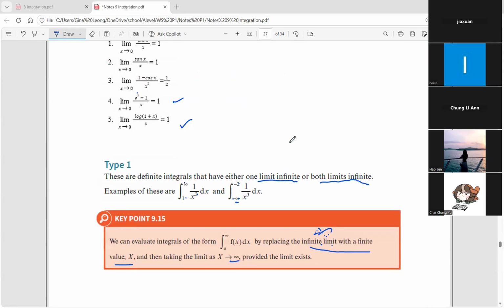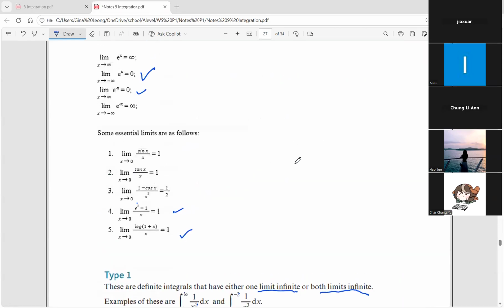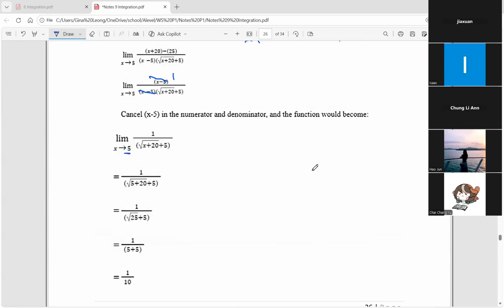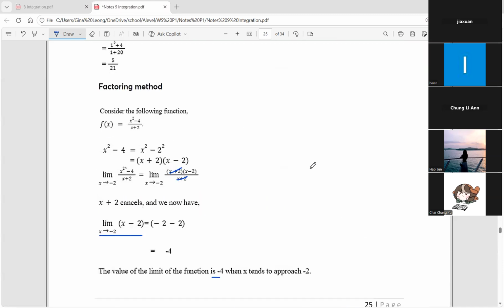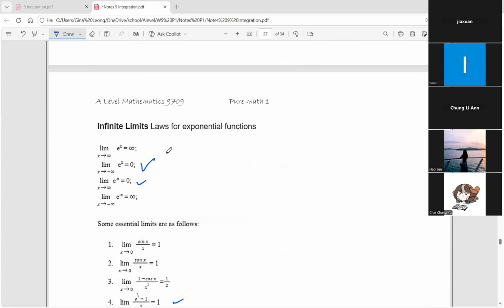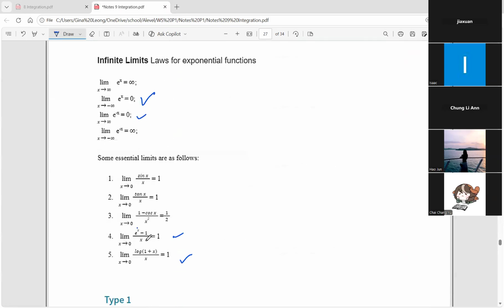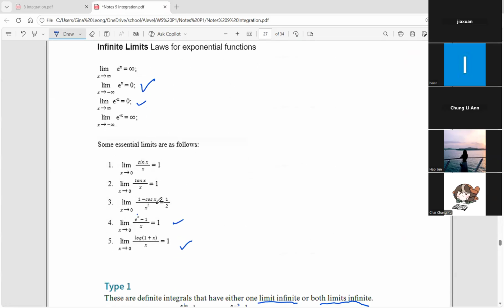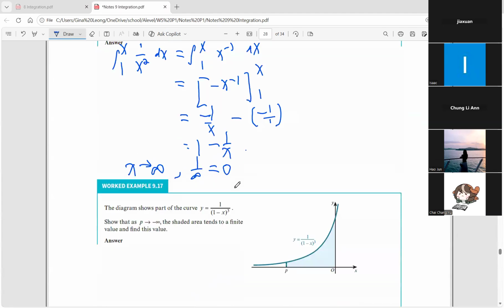Okay, so from where we know, this one never show. 1 over infinity is actually approaching 0. So meaning that you can put 1 divided by 9, a lot of 9.